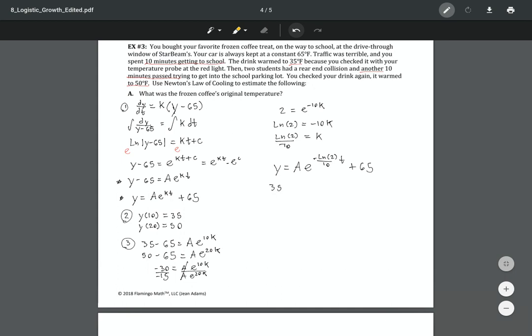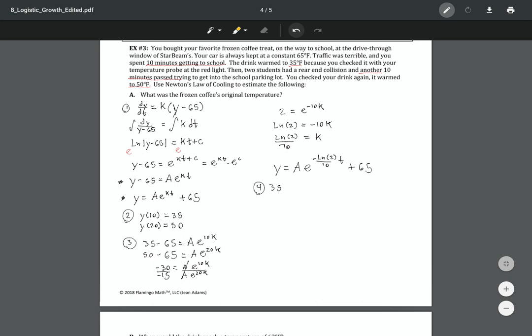So I guess I should call this step 4. Step 3, I found what k is. Step 4, I'm going to find out what a is. So I have 35 is equal to a e to the negative natural log of 2 over 10 times 10, t being that 10. Remember, after 10 minutes, the temperature was 35.